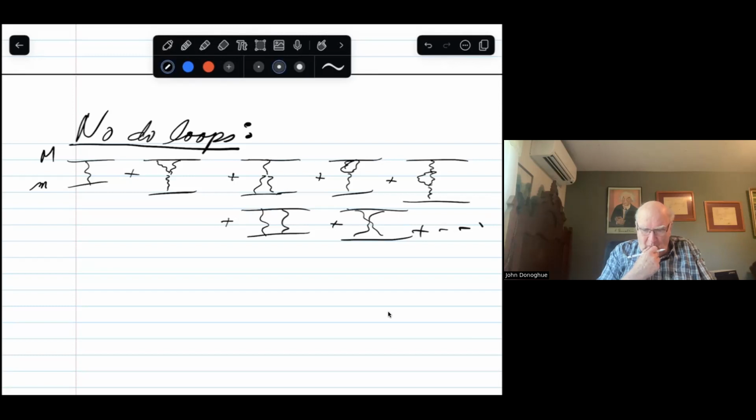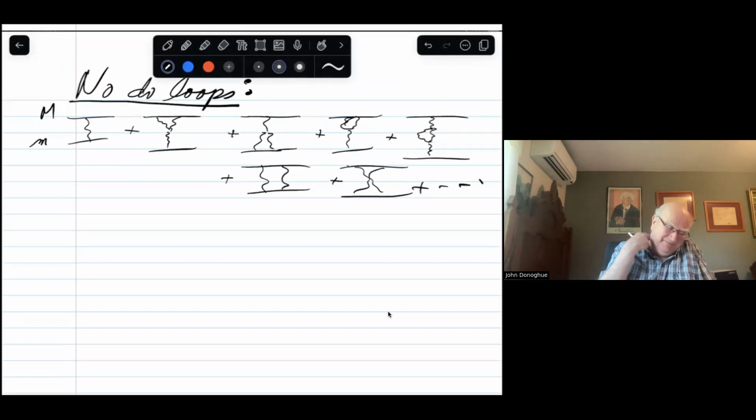Okay, so if we're to calculate this at one loop level, we're instructed to calculate all these diagrams. What would we expect to get out? Well, we expect that this first piece goes like 1 over q squared. That's the usual piece that we get. So I'll just write it as G m M over q squared.